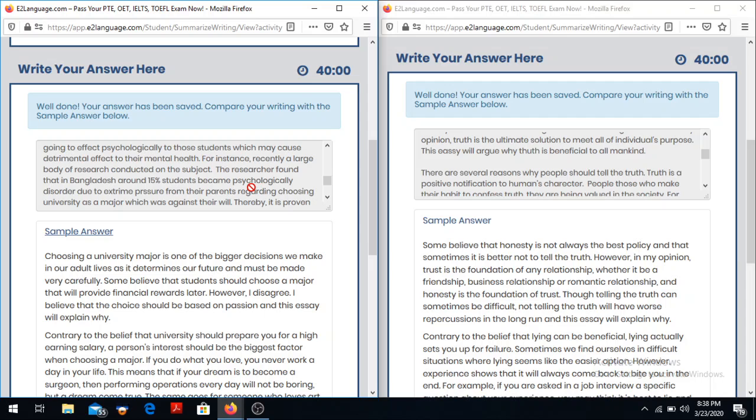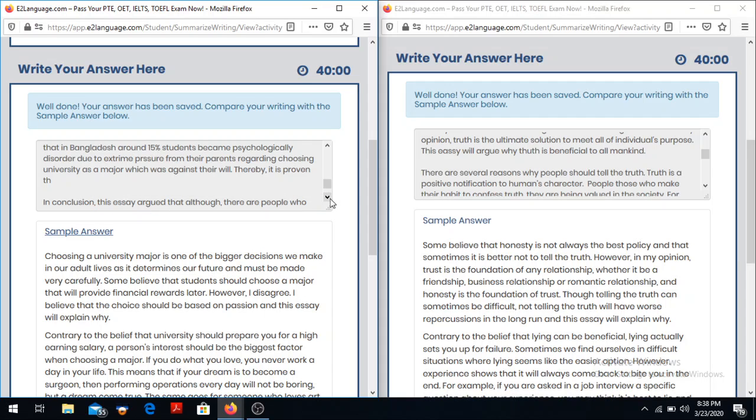You can write anything, but it has to be grammatically correct, then there is no problem. Thereby it is proven that choosing a subject according to career may have a bad impact on students.